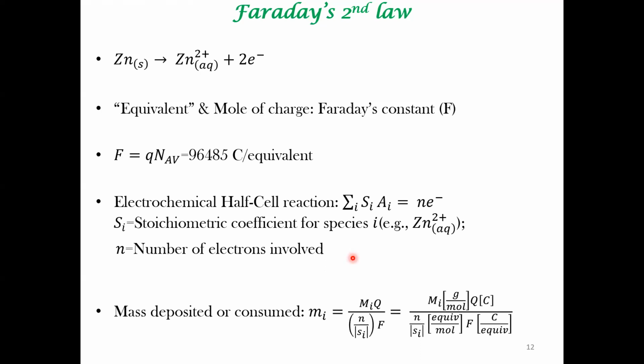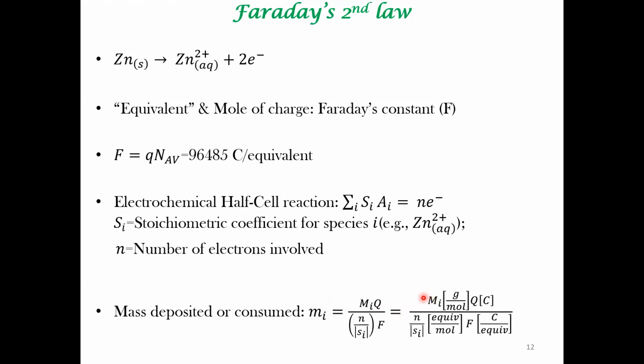In the simplest case, it's useful to think about mass deposited on the electrode, okay? There are some ions of different charges, different valencies, and you are cathodically reducing these ions and depositing the metal on the cathode, okay? So the mass that is deposited is dependent upon a variety of factors, okay?